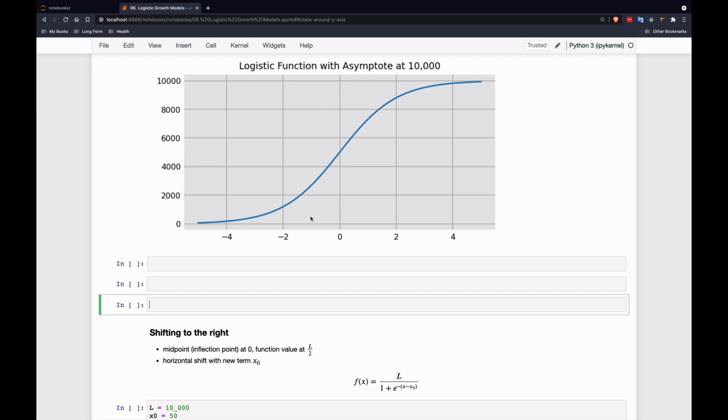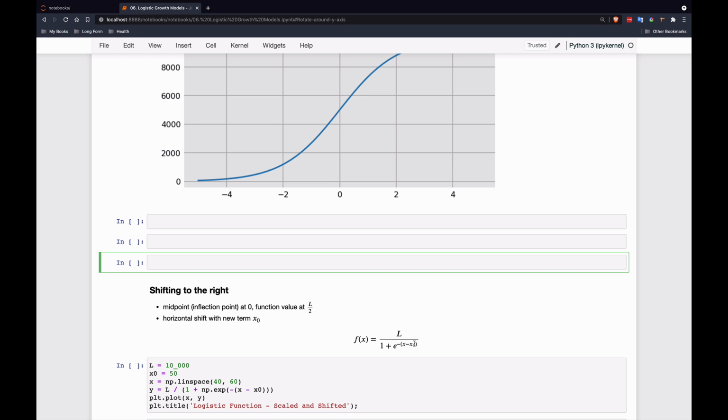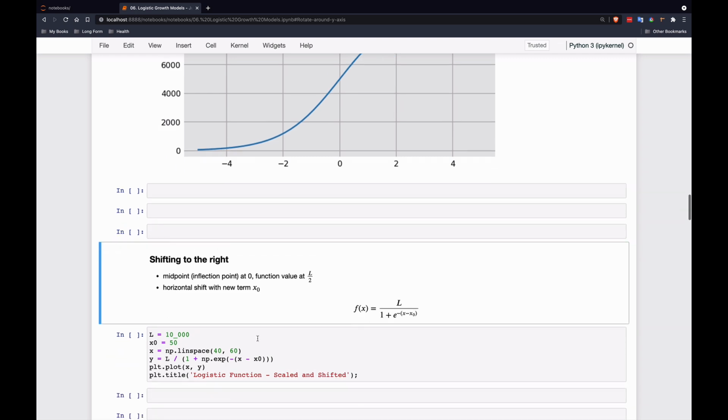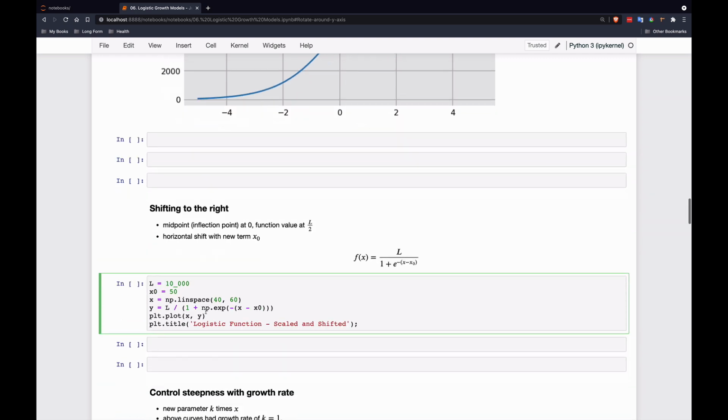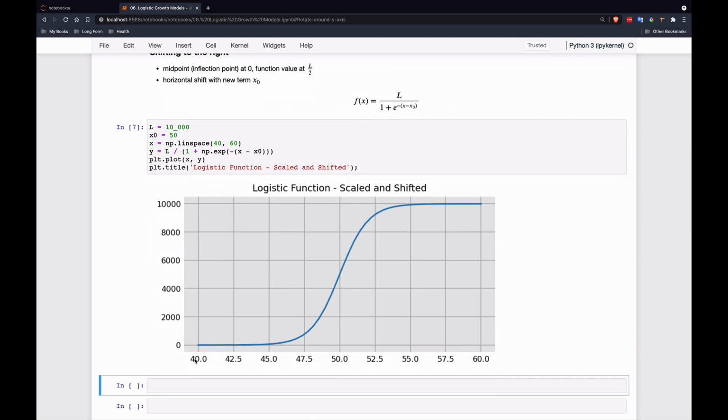This will always be the case: there is some middle point, which by default is at 0, and it occurs right between the left and right asymptotes. Now if we move it to x naught, which we do over here, we're going to move the function to the right 50 days, and instead of going from -5 to 5, we've gone from 40 to 60. So now our midpoint is at 50.